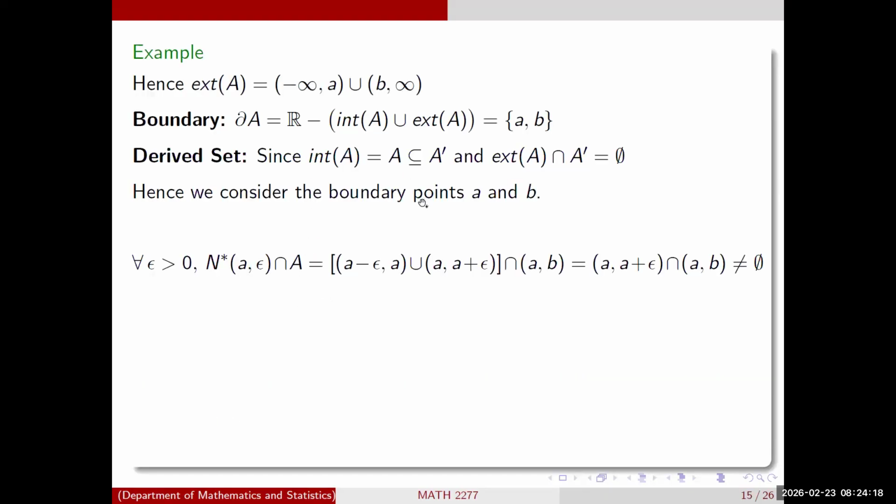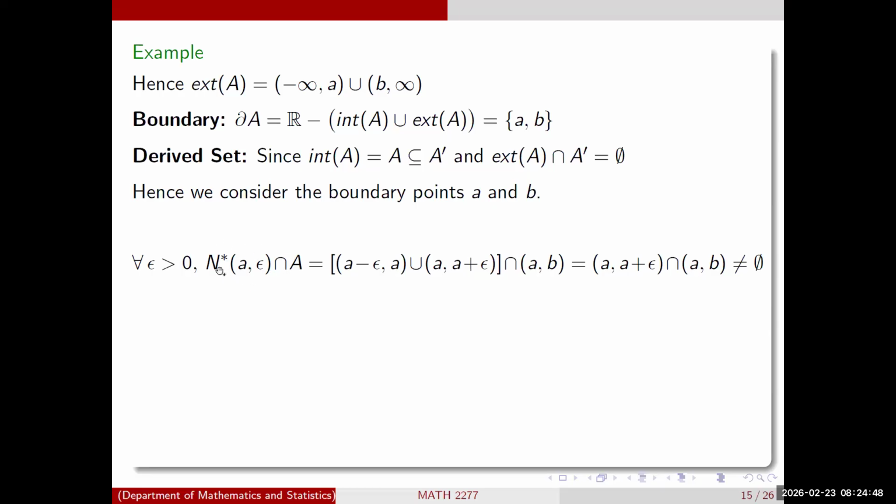So how to verify that these points a and b are indeed limit points? I need to show, for every radius, the deleted neighborhood around the point a intersection A is non-empty.